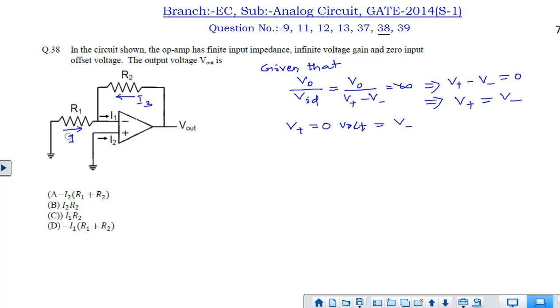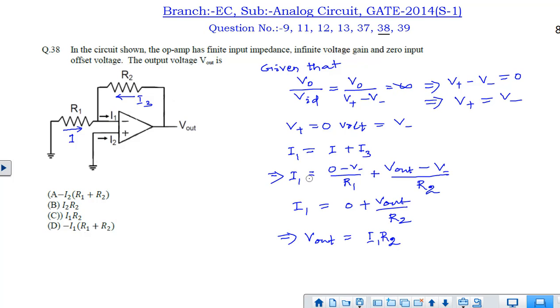Suppose let us name the current through R1 resistor is I and current through R2 resistor is I3. So you can write the KCL at this point, that is I1 will be equal to I plus I3. As I said, this current I is equal to 0.